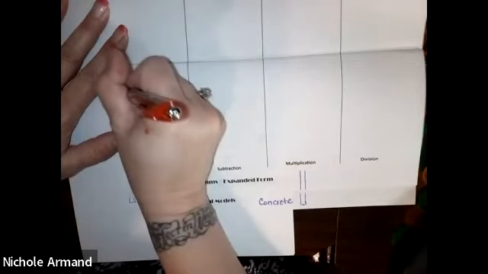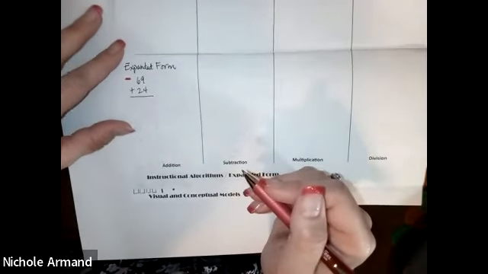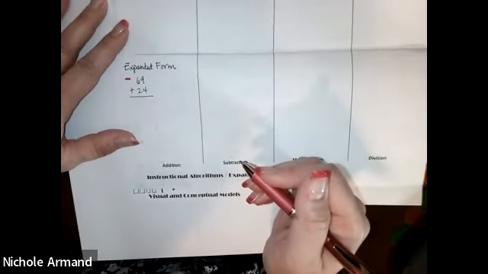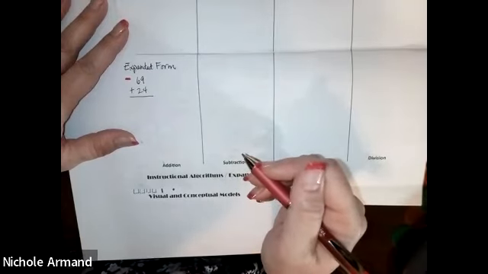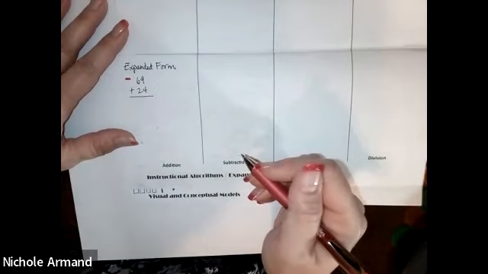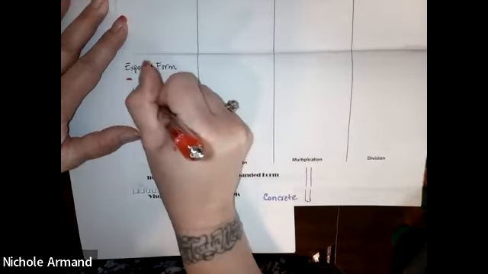And I'm going to color code this one as well. So this one is going to be pink. And instead of writing 69, just like we did when we expanded or decomposed the numbers when we did our place value tab, we're going to call this 60 plus 9.